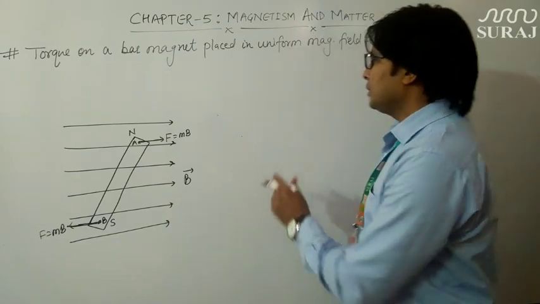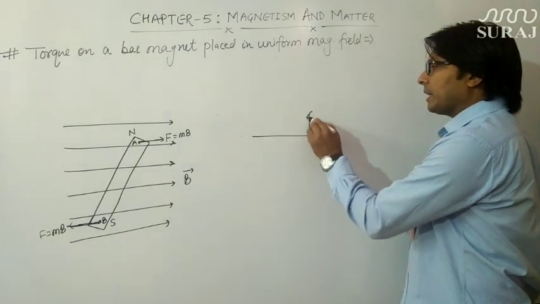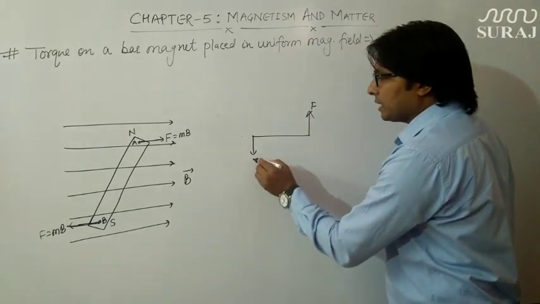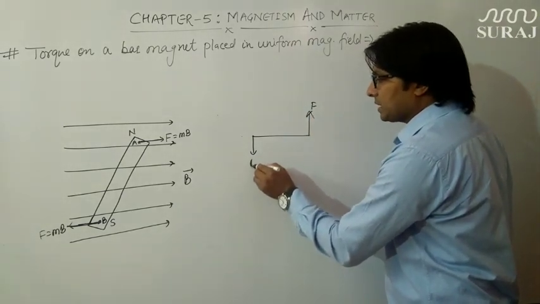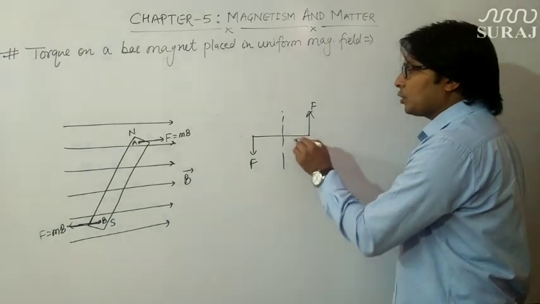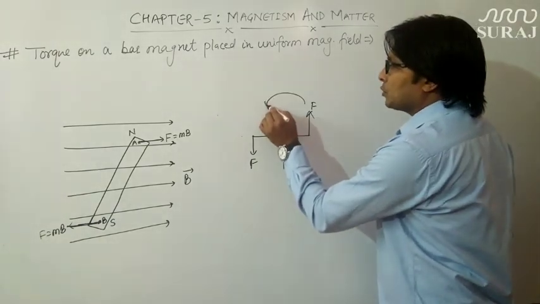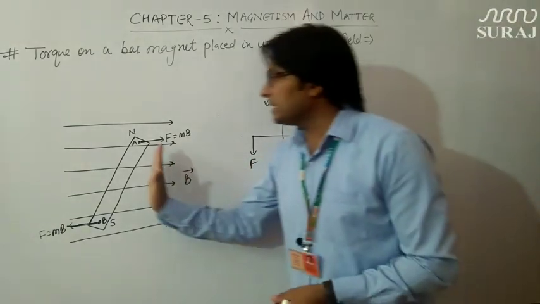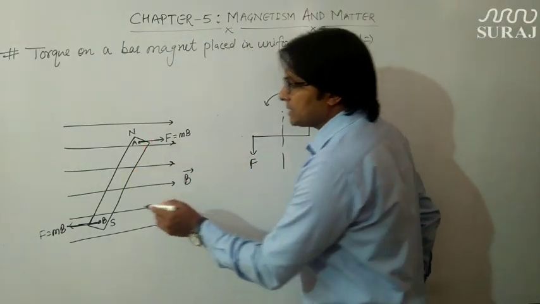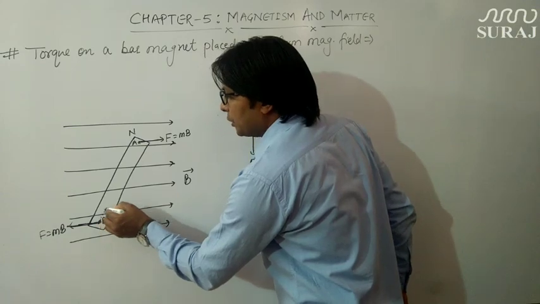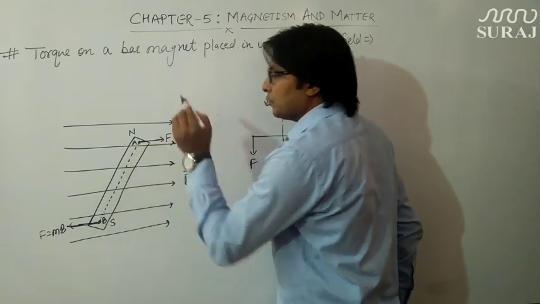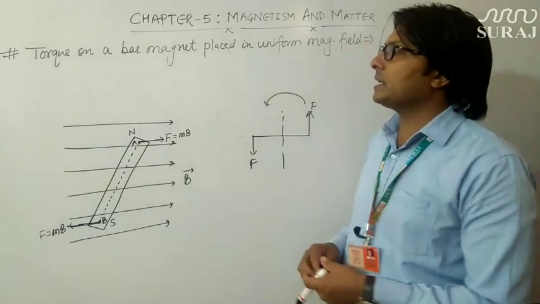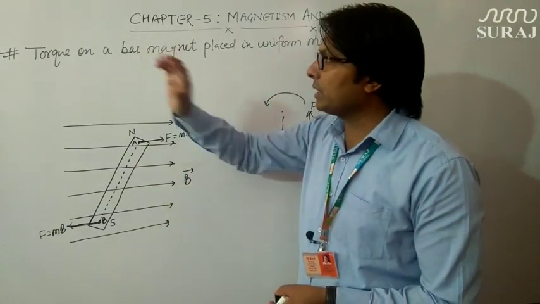Whenever forces of equal magnitude and opposite direction act on an object, it starts rotating. So rotational motion will start. This bar magnet will experience a torque due to these two opposite forces. Therefore, in this topic we want to derive the formula of that torque.